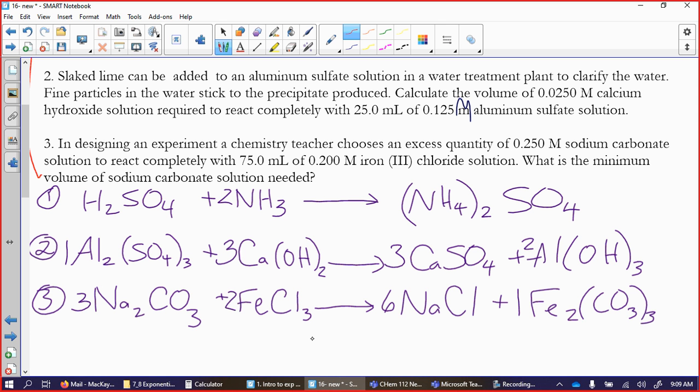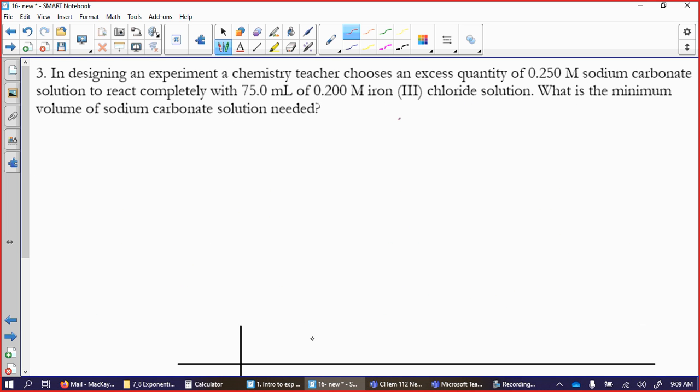We have a bizarre equation. So I'm going to just write it out: sodium carbonate reacts with iron 3 chloride.